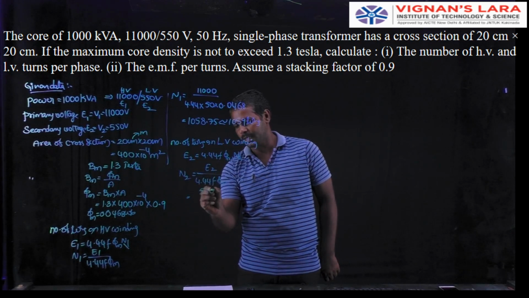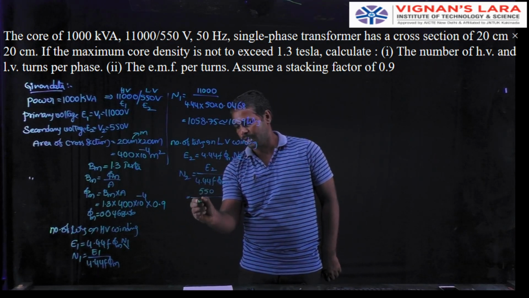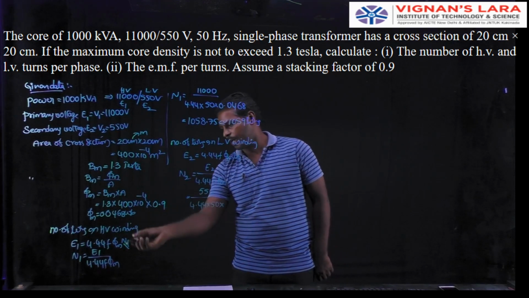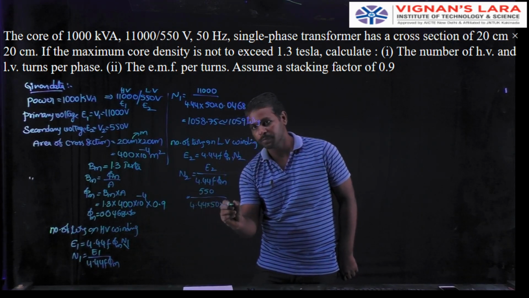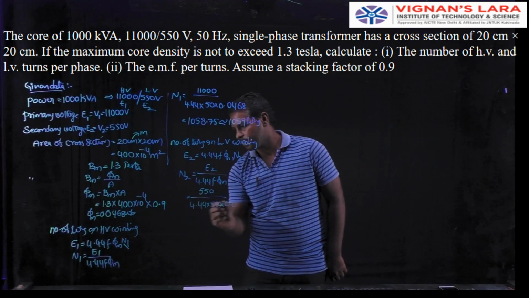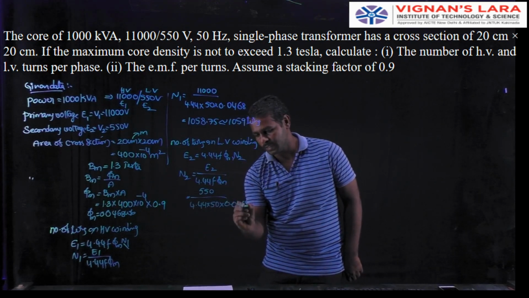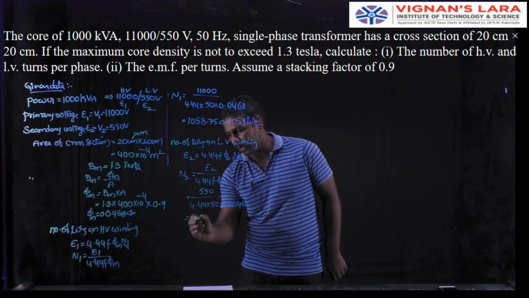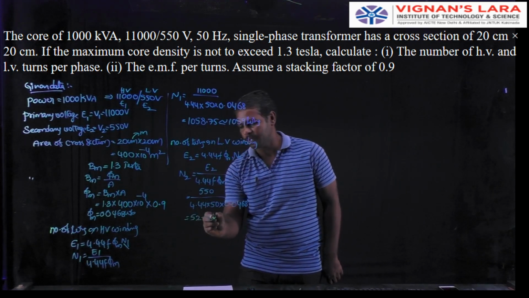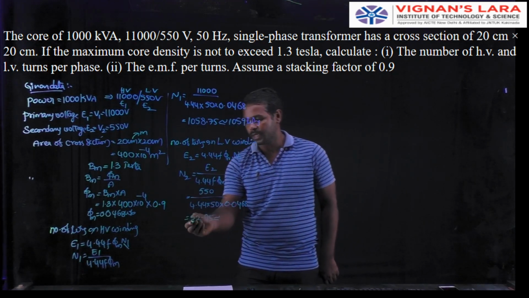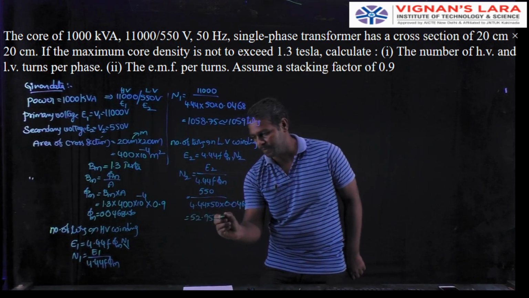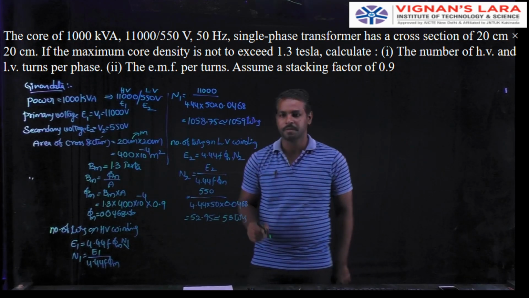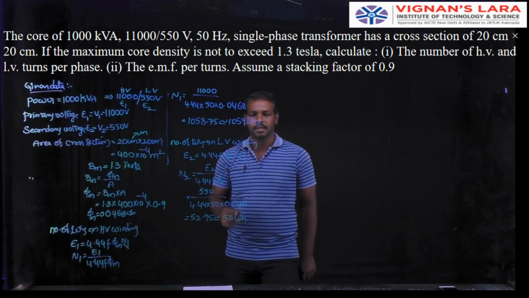So 550 divided by 4.44 into 50 into 0.0468 is equal to 52.95. By simplifying, we get 52.95, which is 53 turns.